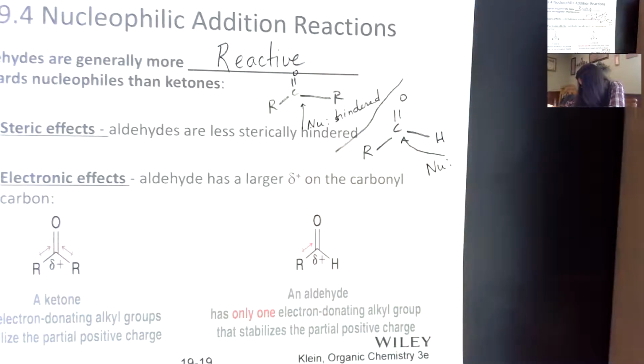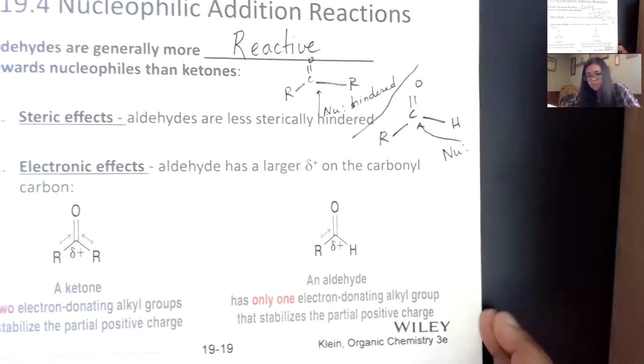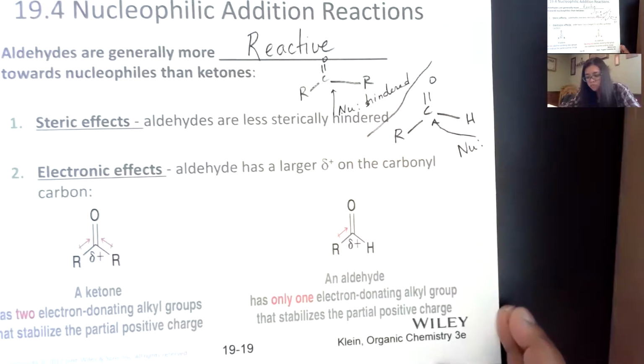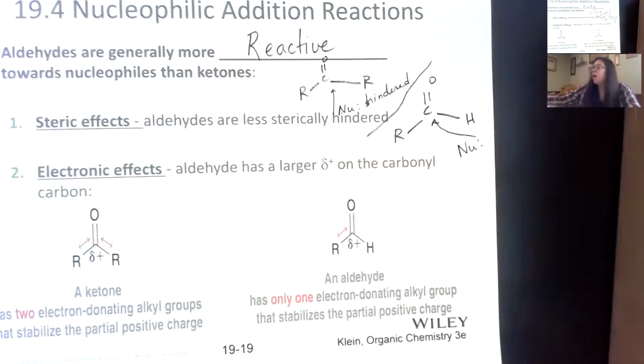So if it's an aldehyde, only because he has a hydrogen on one side and an R group on the other side, it's easy for the nucleophile to come in and attack. And also depends on the sizes of the R groups that the ketone has.